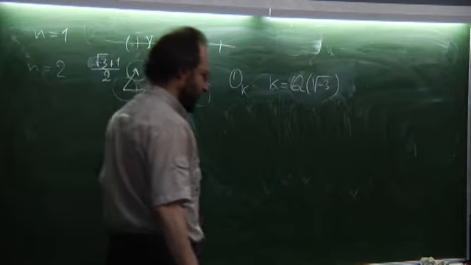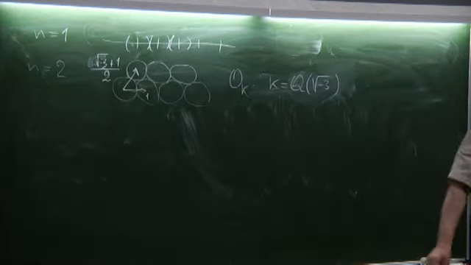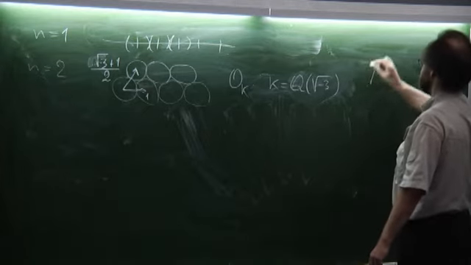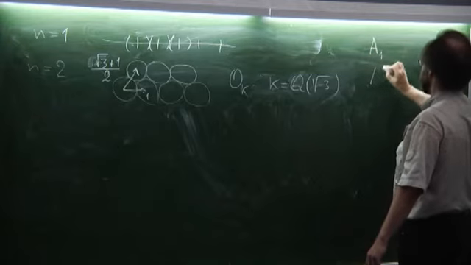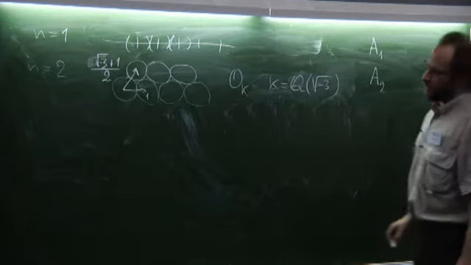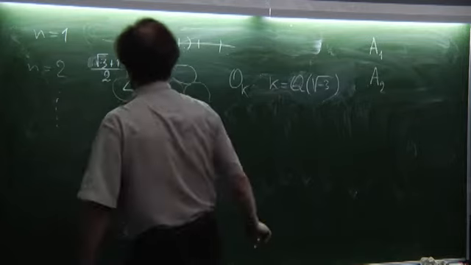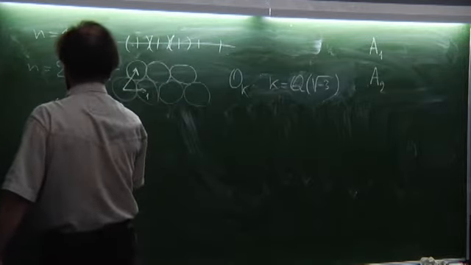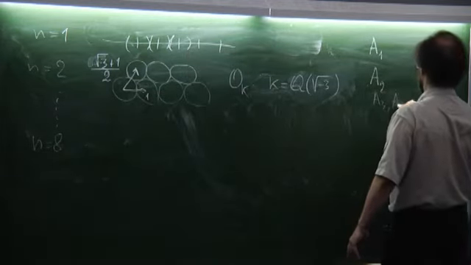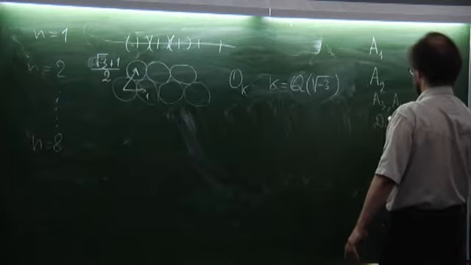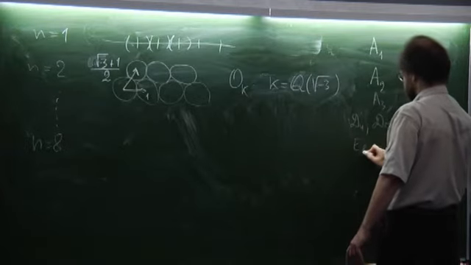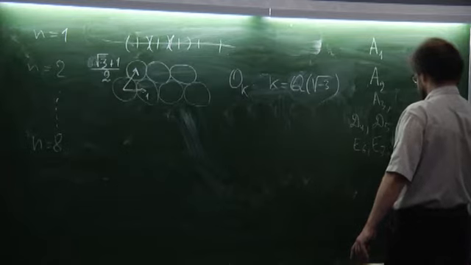But you are not so narrow-minded as to see only the number theory here. You also realize immediately that both of these are the root lattices for the systems of roots A1 and A2. So you continue this, and up to n equals 8, you get root lattices: A3, A4, then D4 and D5, and then E6, E7, and E8.